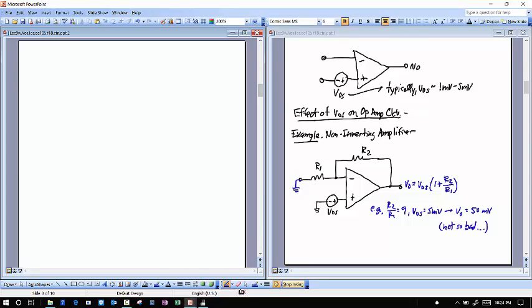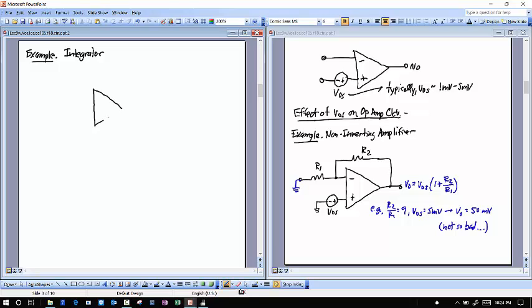Okay, so when do you run into something where this offset voltage can actually be debilitating? Well, let's take another example to describe that. And in this case, let's take another familiar circuit, and that's the integrator. And so the integrator circuit, you should know, looks like this.